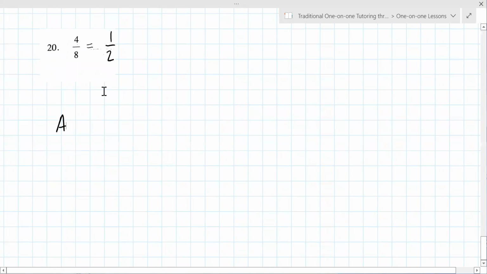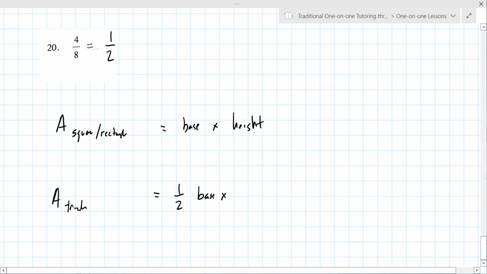If it's a square or a rectangle, it's base times height. If it's a triangle, it's 1/2 base times height. So it's really similar. What you could do is base times height divided by 2.